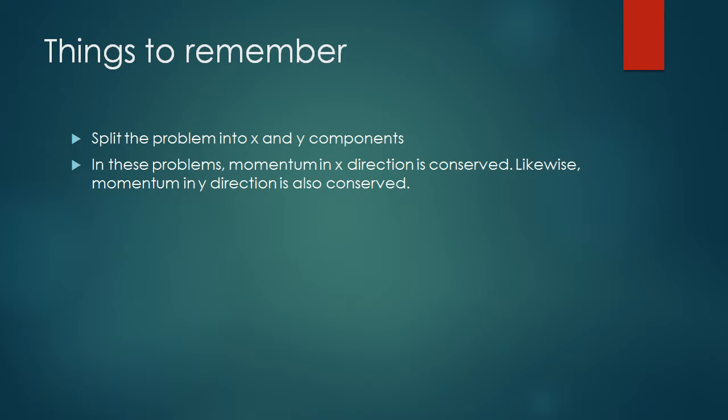In all of these problems, the momentum in the x direction is conserved, as well as the momentum in the y direction. So you need to separate these components and do the momentum before collision equal to momentum after, but split between the x and the y.